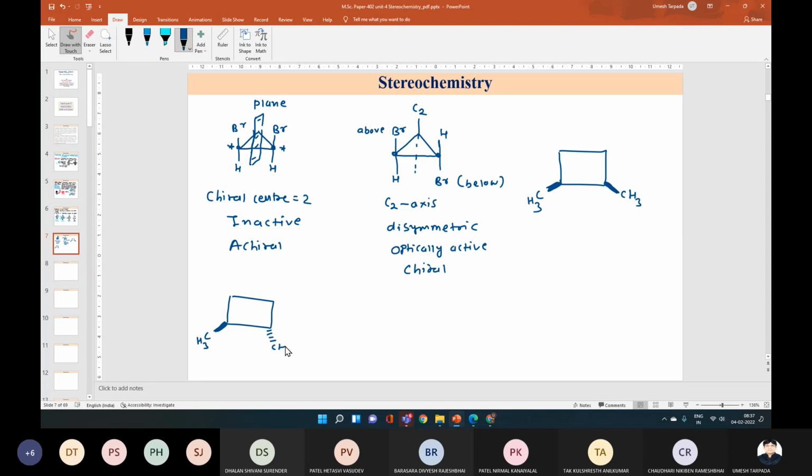No, because it has a plane of symmetry. Both the groups are on one side. What about this one? It is optically active, that is chiral. There is no plane of symmetry. This is chiral. What about this one?